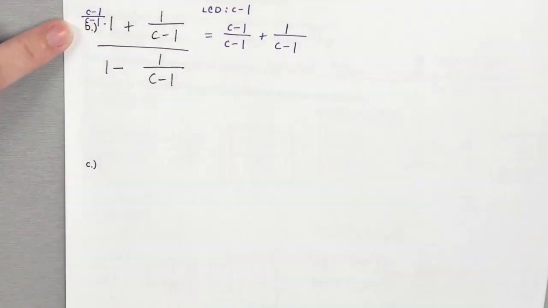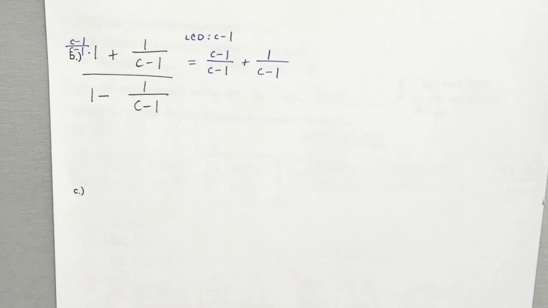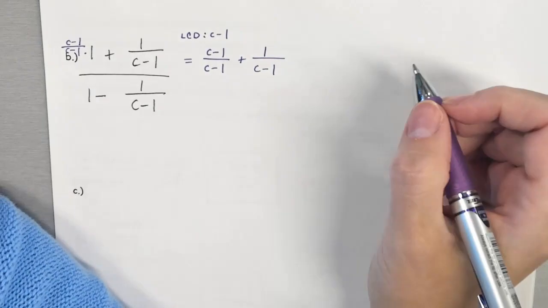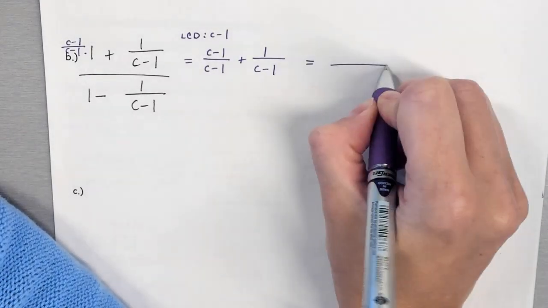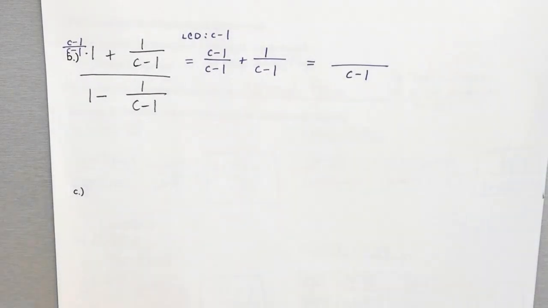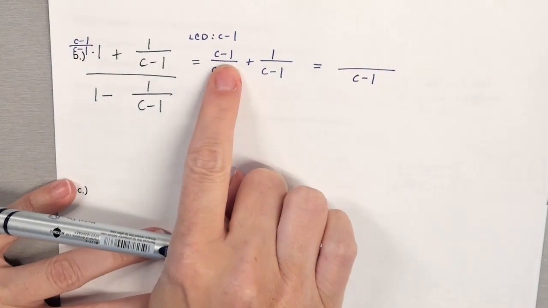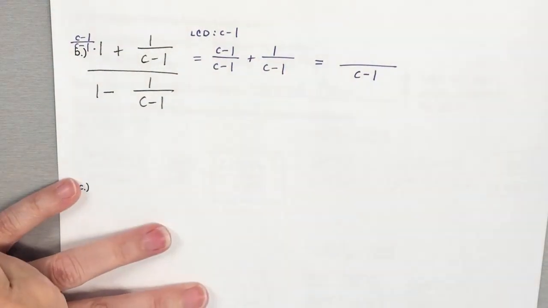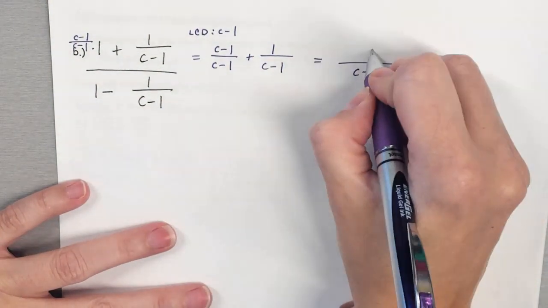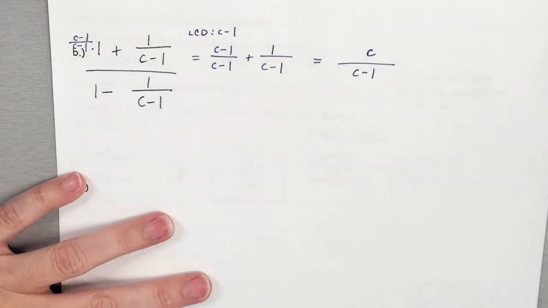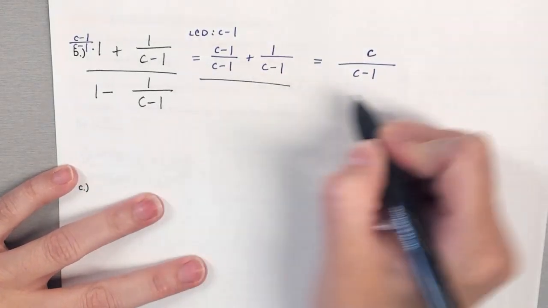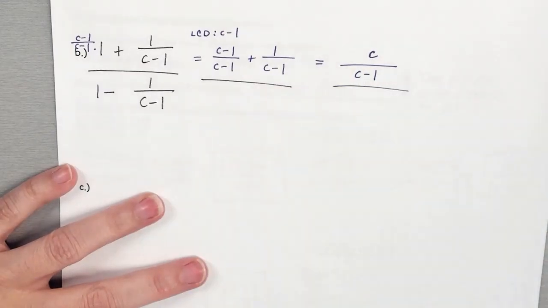So let's just do the numerator. Okay, we'll work on that first. All right, so if I combine those, C minus 1 is my new denominator. So I have C minus 1 plus 1. What's that going to simplify to? Yep, just C. Okay, and then I still have my division.